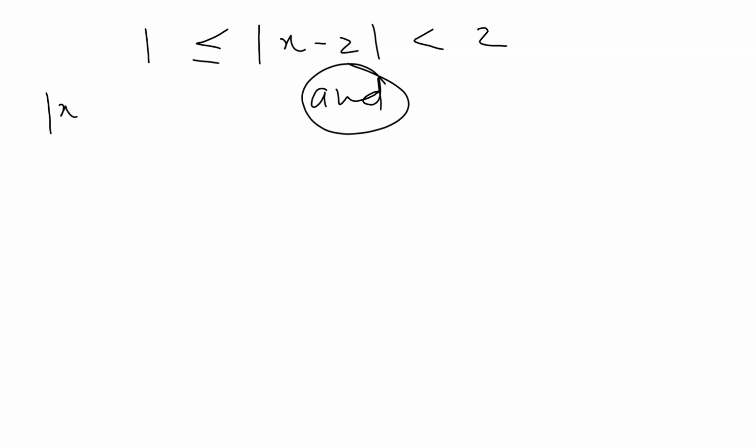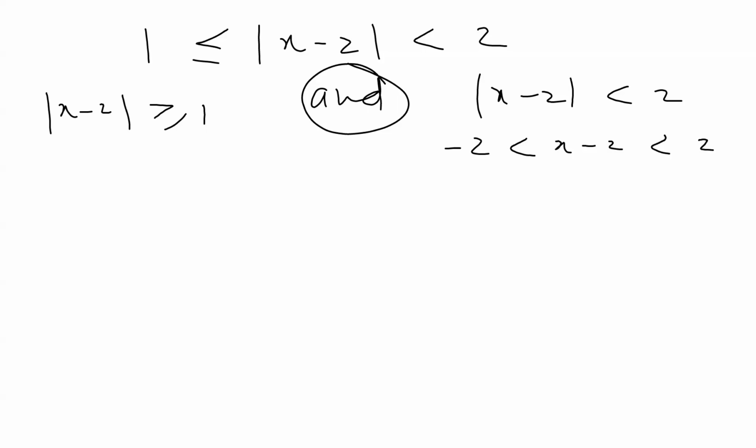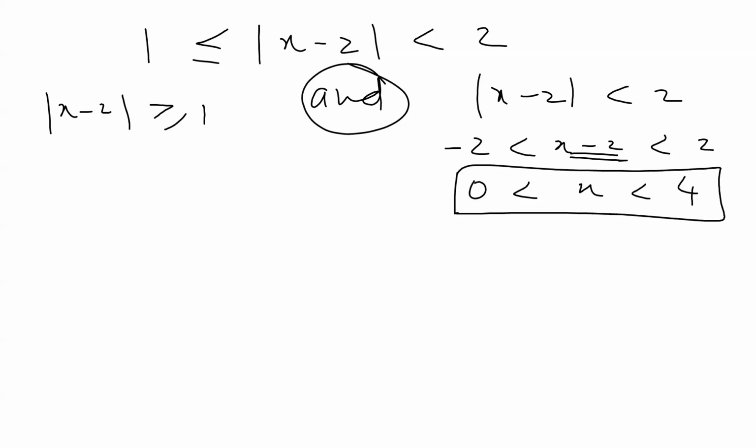Okay. So the first case, modulus of x minus 2 is greater than or equal to 1. And the second case, modulus of x minus 2 is less than 2. So add 2 on both the sides. So this will be 0 and this will be 4. So this is the answer of the second case.